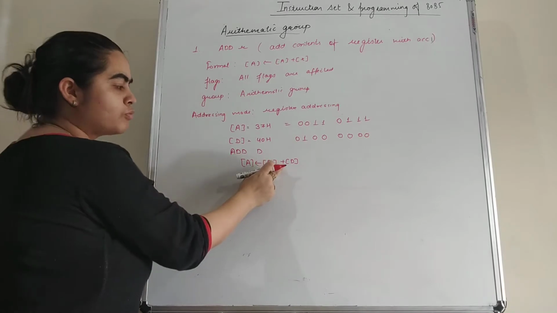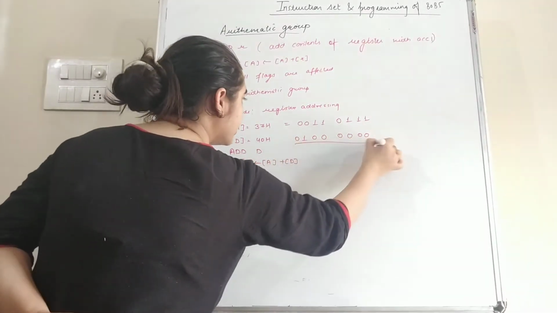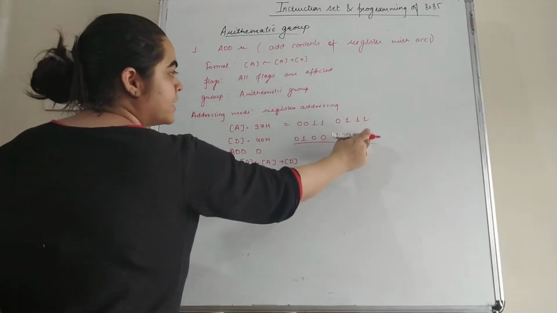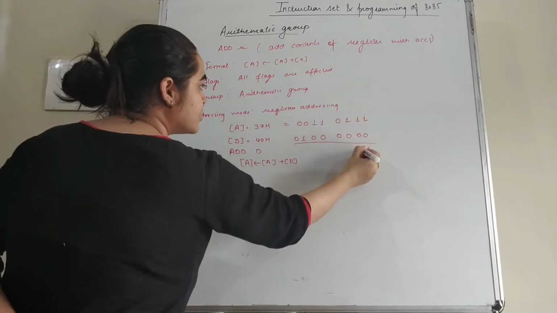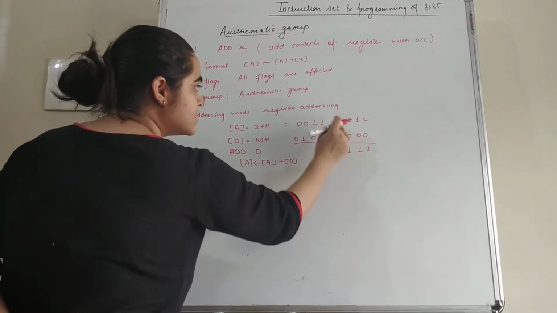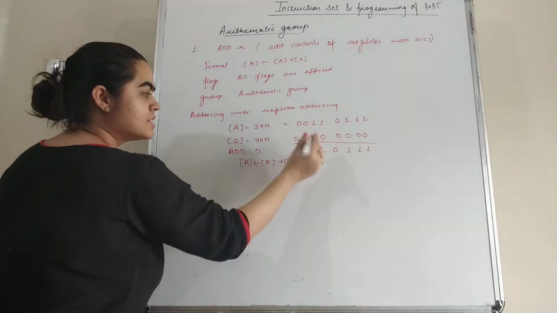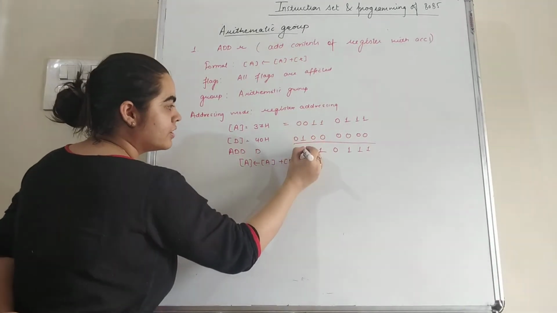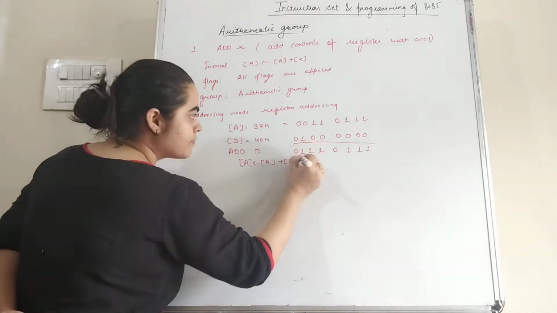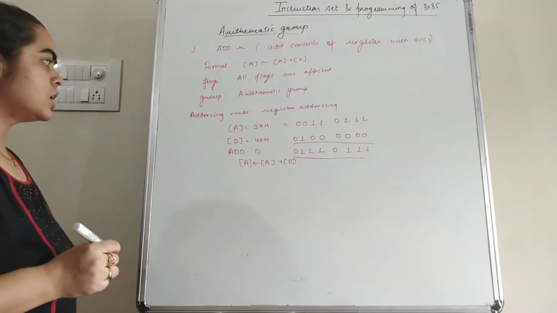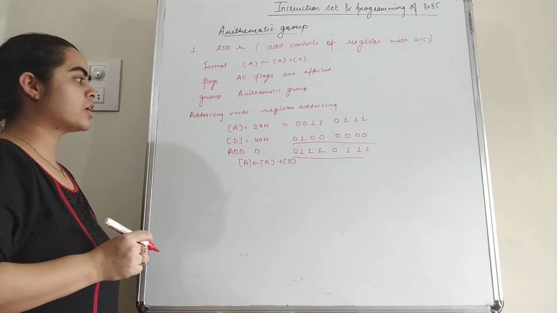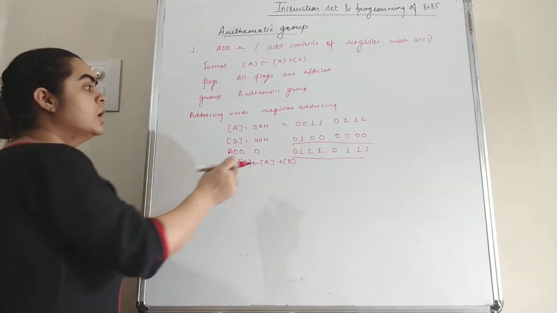Now we have to perform the addition between these two numbers. So 1 and 0 is 1, 1 and 0 is 1, 1 and 0 is 1, 0 and 0 is 0, 1 and 1 again 1, 1 and 0, 1, 0 and 1, 1, 0 and 0, 0. So this is the result after adding the contents of the accumulator with the contents of the D register.